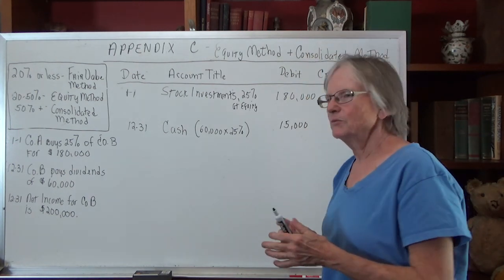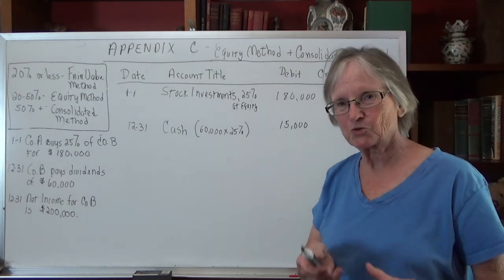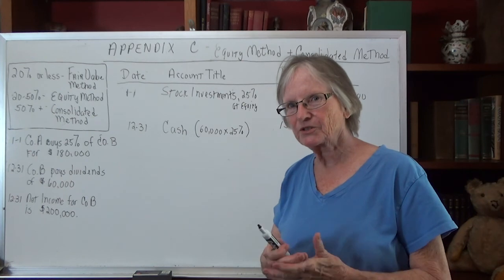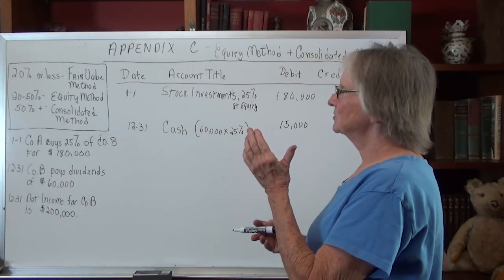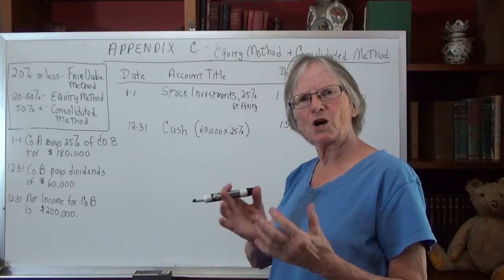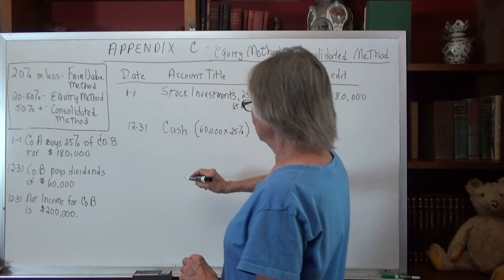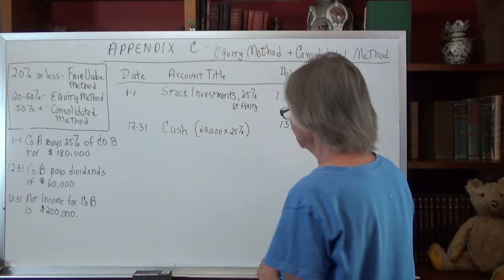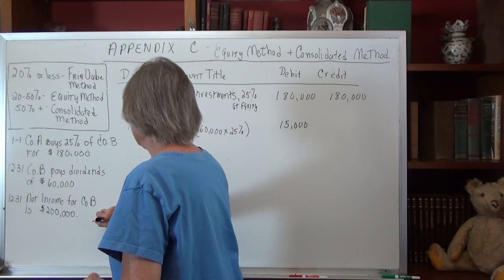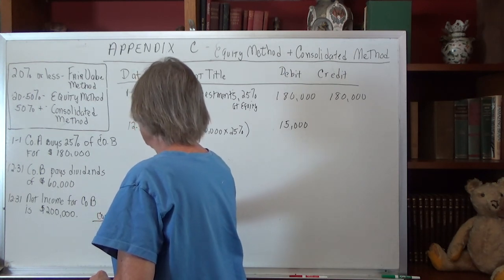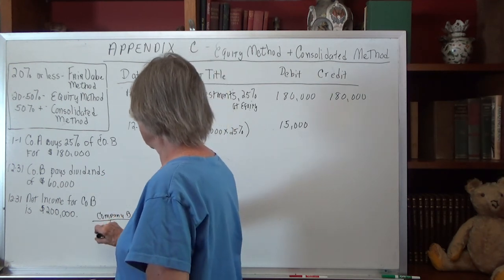And we are not going to call this dividend revenue, which you might think would be the logical thing to do, but because of the economic reality that we have significant influence over the operations and results of this company, and if we think about what just happened here, if we're looking at Company B, they just paid dividends of $60,000.